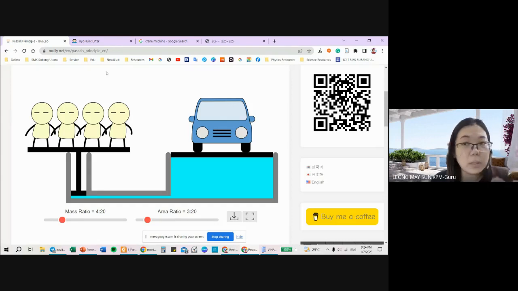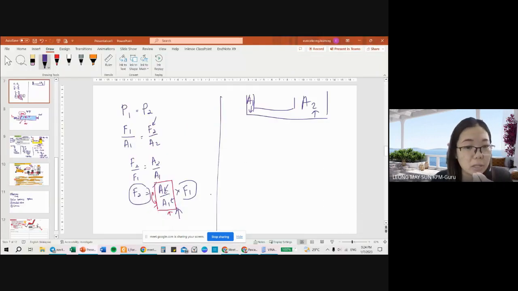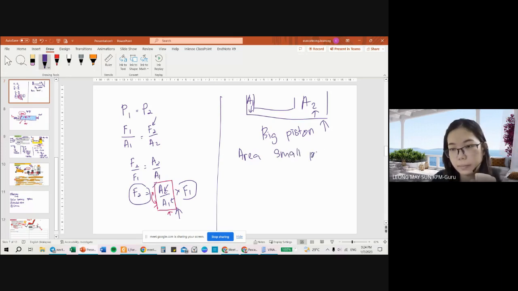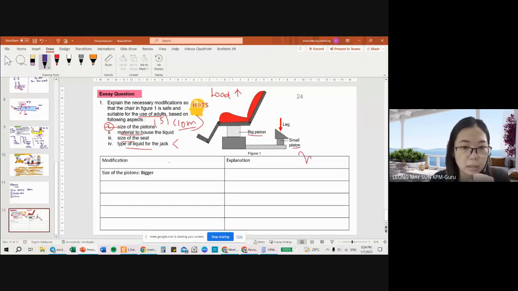So in other words, this force multiplier needs to be a bigger value, a bigger multiplication. In order for it to be a bigger multiplication, the area of the bigger piston must be bigger. The area for the small piston must be smaller. Okay, so in this case, what am I going to write my answer there?